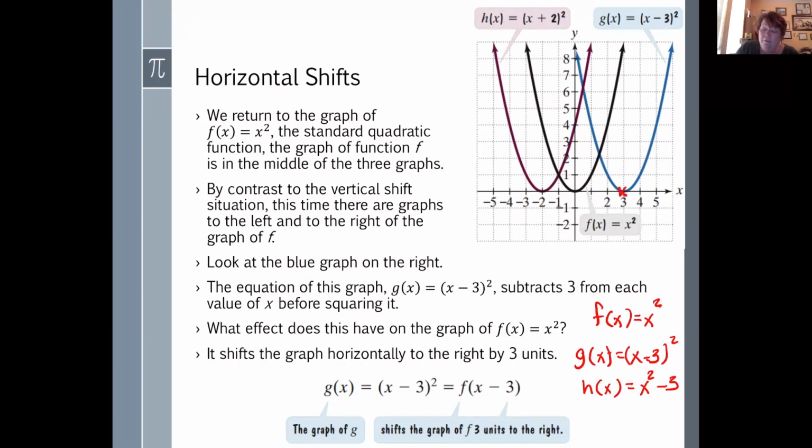But now, for this function, to get 0 for my output, I have to shift my input to 3. So g of 3 is 3 minus 3 squared, which is 0. So to get the same output for a given input, I have to shift it 3 units to the right. All right?